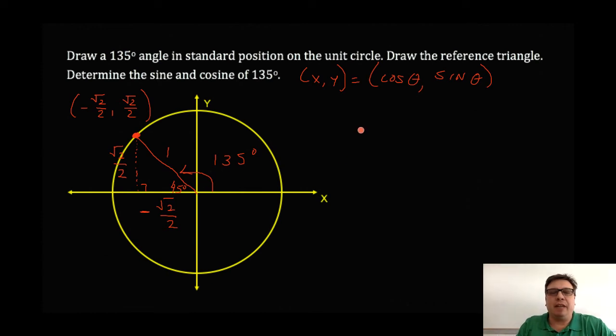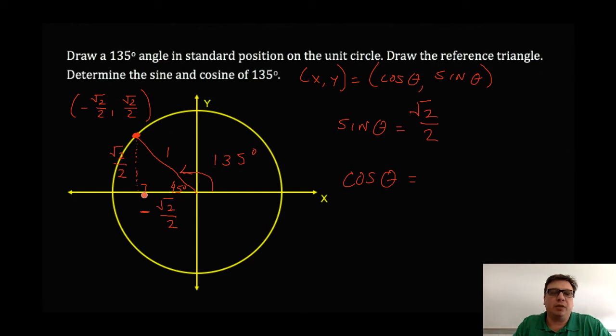So if I have to figure out sine and cosine, well, the sine of theta is equal to the opposite over the hypotenuse. Since this is in the positive y direction, that's just square root of 2 divided by 2. And then cosine of theta, in this case, goes in the negative direction.